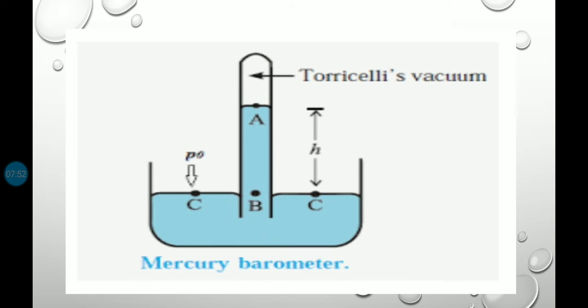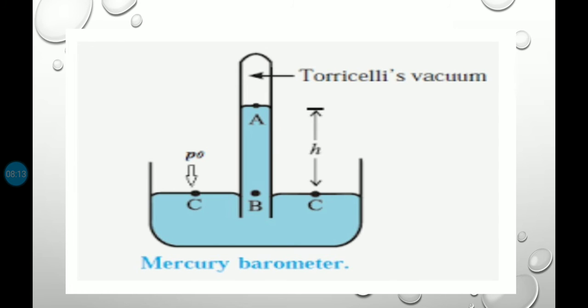A gap is created between the surface of mercury in the glass tube and the closed end of the glass tube. This gap contains only mercury vapors and no air and is called Torricelli vacuum. That can be shown in this figure.